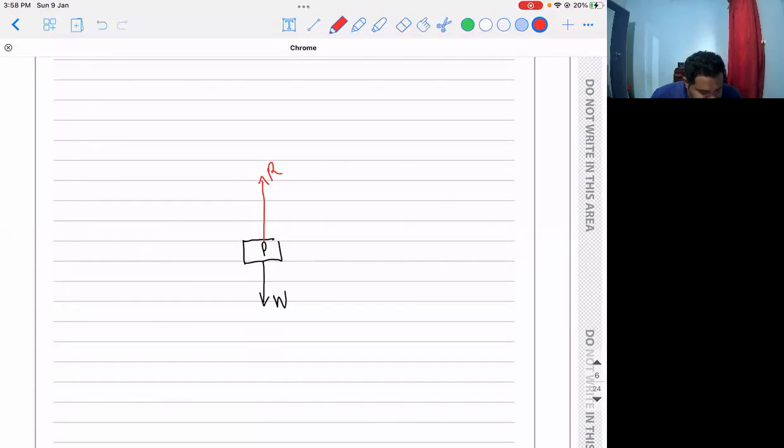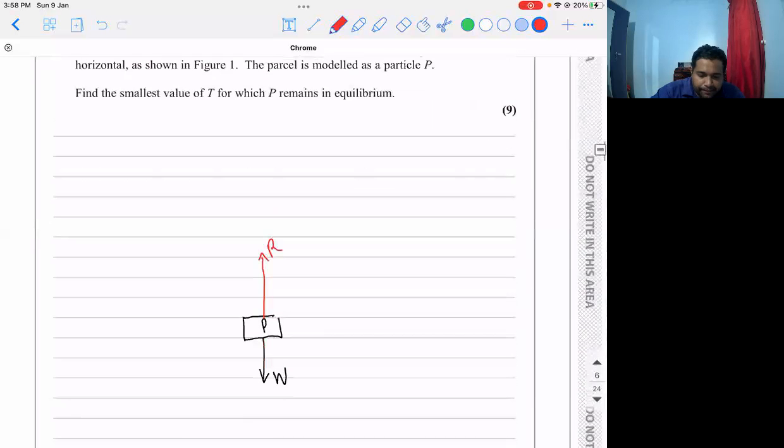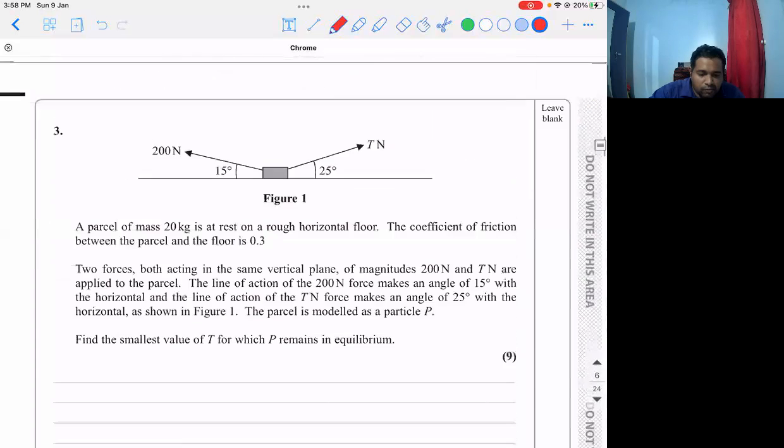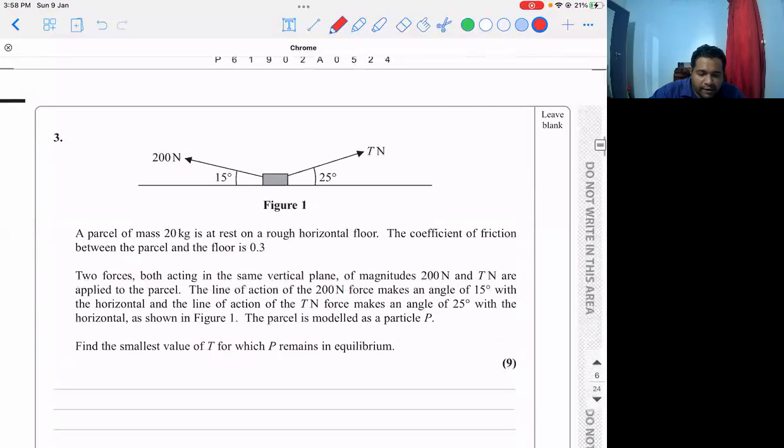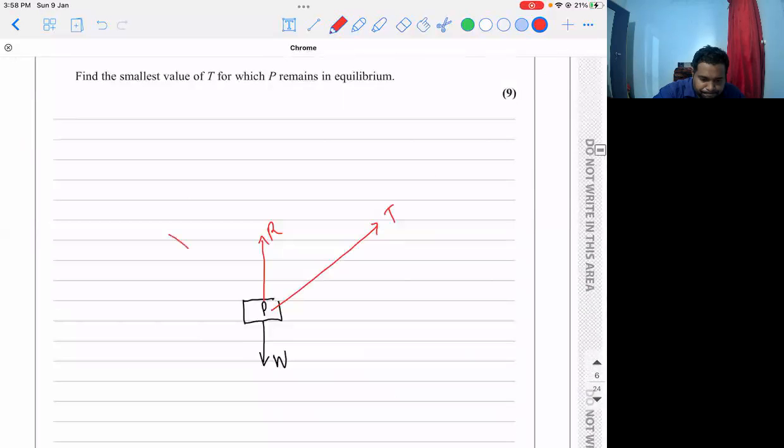And apart from that, there is two forces. What are they? One is tension, and one is this beautiful 200 Newton. Correct? 200 Newton and T.